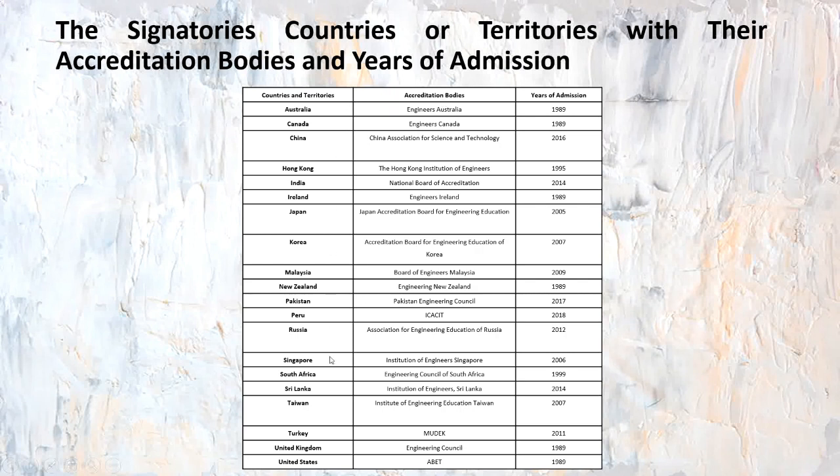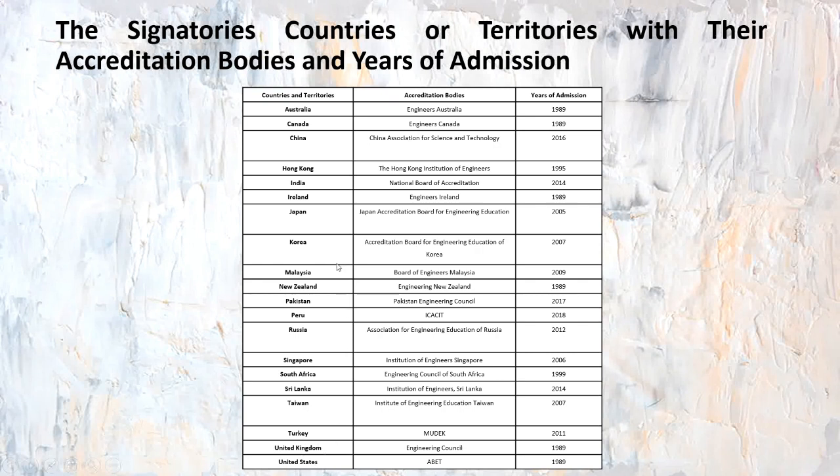As you can see here, there are so many countries and territories including Australia, Canada, China, Hong Kong, India, Ireland, Japan, Korea, Malaysia, New Zealand, Pakistan, Peru, Russia, Singapore, South Africa, Sri Lanka, Taiwan, Turkey, United Kingdom, and lastly, United States.